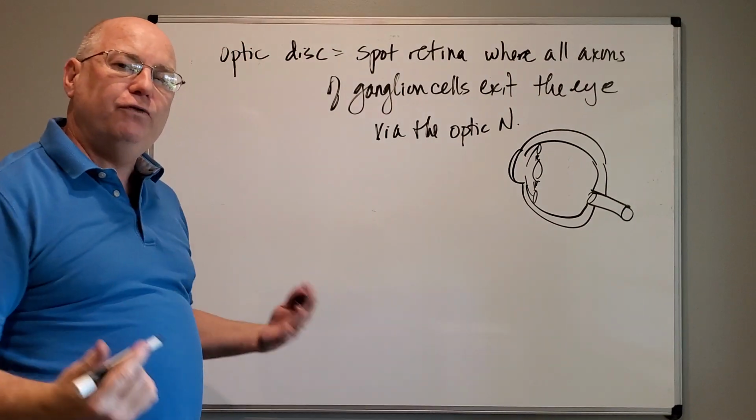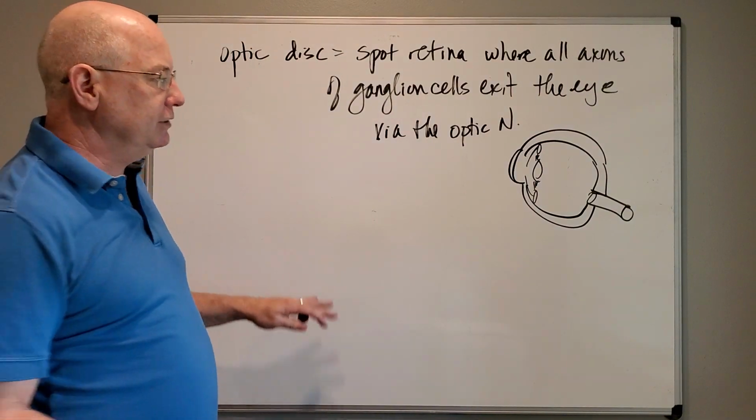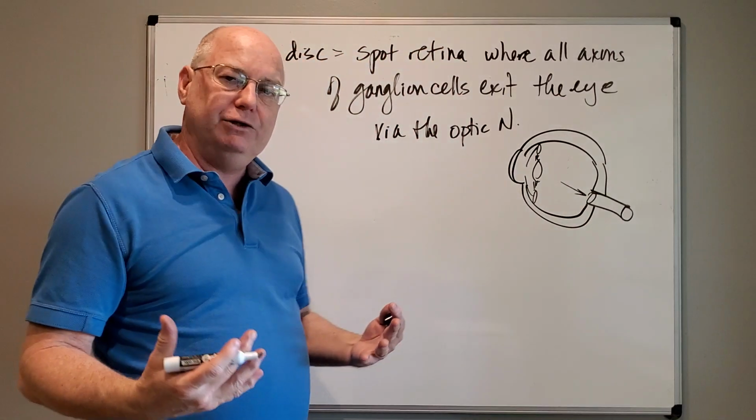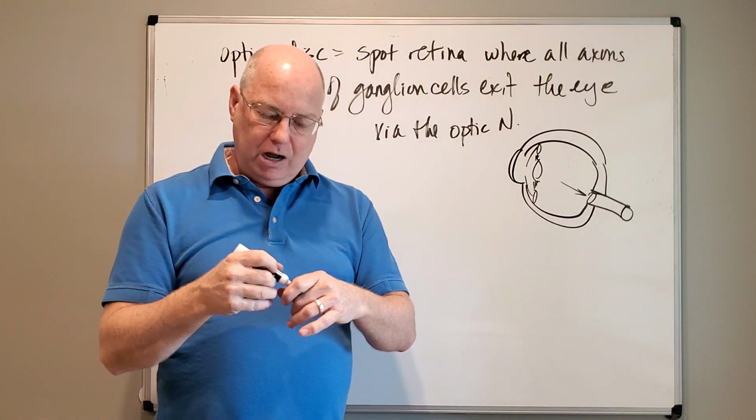And there's actually no photoreceptors on the optic disc. So if a photon of light lands on the optic disc, we're actually blind to it. We have a blind spot in each eye.